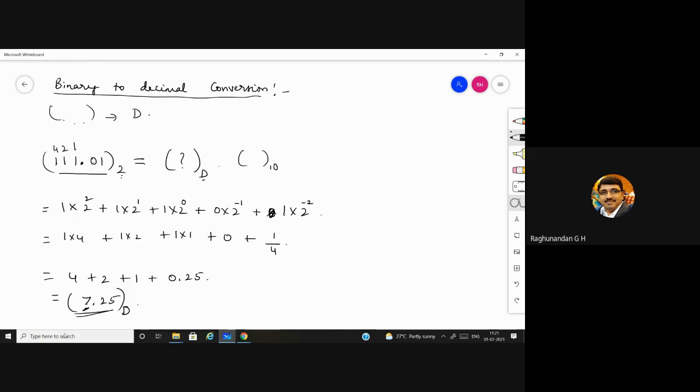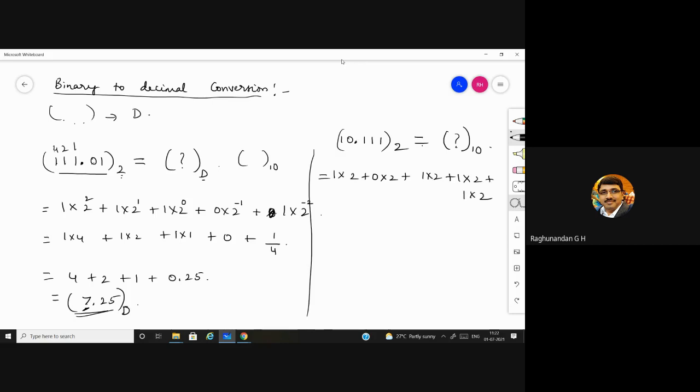Okay. Let me take one more example. I'll take this one. So this is in the binary. Now I need to convert it into decimal. So first write 1 into 2, 0 into 2, 1 into 2, 1 into 2, 1 into 2.